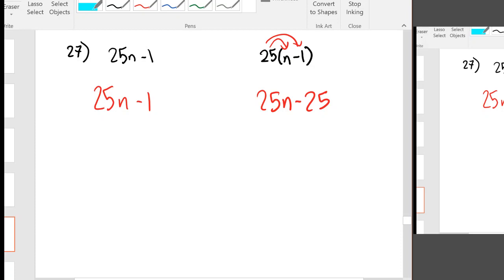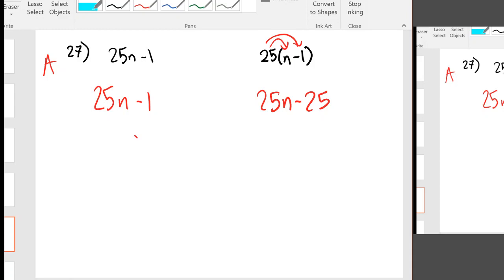Off the top of my head, A clearly looks like it's going to be the bigger number. Is there any number or any situation in which that's not the case? If I plug in a negative number, it's still going to be a negative and a positive, which is going to be a negative. So this is still going to be bigger. A positive number is obvious. A is going to be bigger.